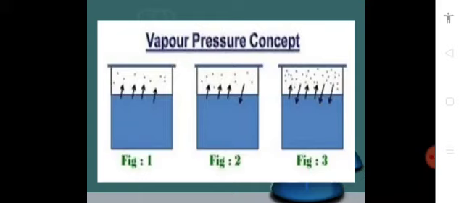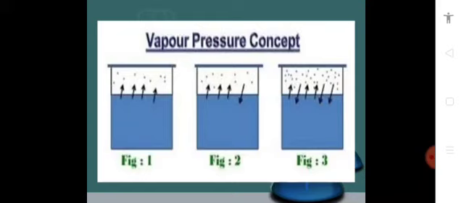It forms vapors, and the vapors cannot go outside the container. So in figure 2 we can see that they collide back with the liquid surface, and in figure 3 we can see that the number of molecules evaporating becomes equal to the number of molecules condensing.